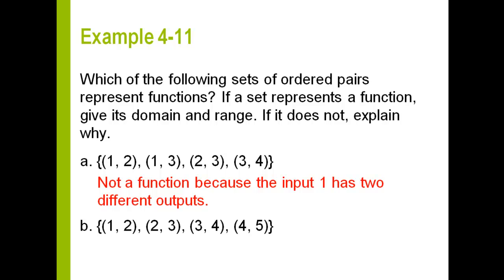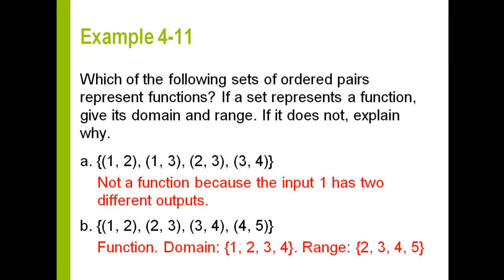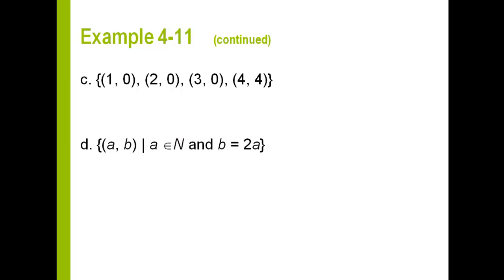So let's look at letter B. And this is a function, and the domain is 1, 2, 3, and 4, and the range is 2, 3, 4, and 5. Let's look at a couple more ordered pairs. So here, look at C and D and determine if you think this is a function or not a function.